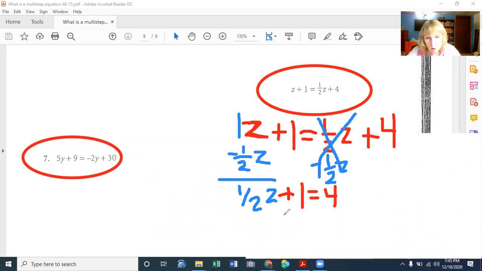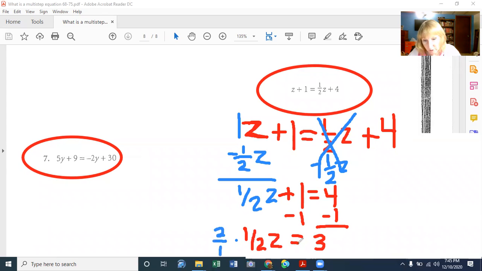Now I can subtract 1 from both sides. Hopefully I won't run out of screen space. That'll give me 1/2 z equals 4 minus 1, or 3. And then I'm going to multiply by the reciprocal, times 2 over 1 to both sides.